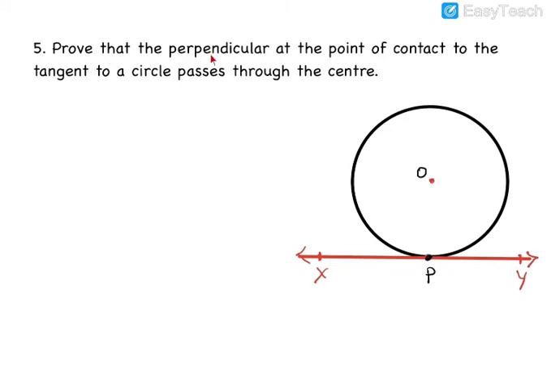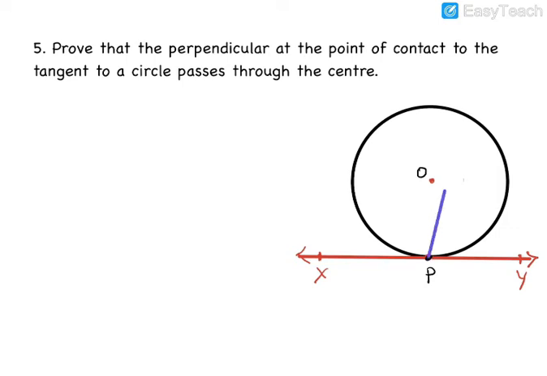We have to prove that the perpendicular at the point of contact to the tangent passes through the center. So let's consider a perpendicular to this tangent at point P which does not pass through the center.